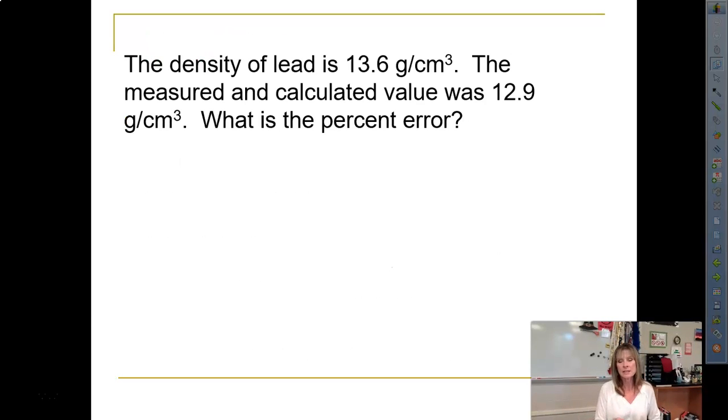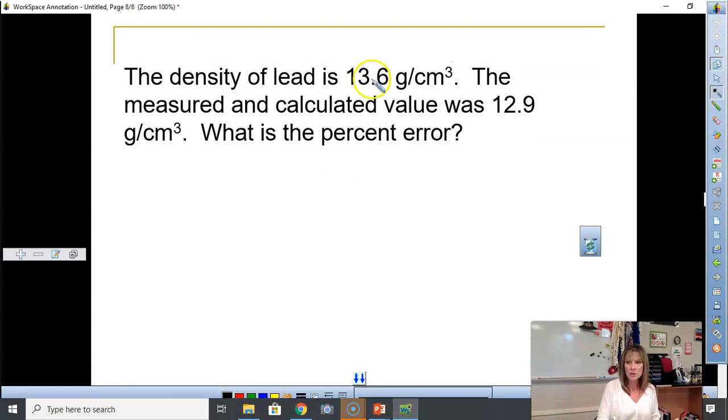Okay, so the density of lead is 13.6 grams per cubic centimeter. The measured and calculated value was 12.9 grams per cubic centimeter. So what's the percent error? So let me click back on my pen here. Okay, is this my known value, my theoretical value, or my experimental value?